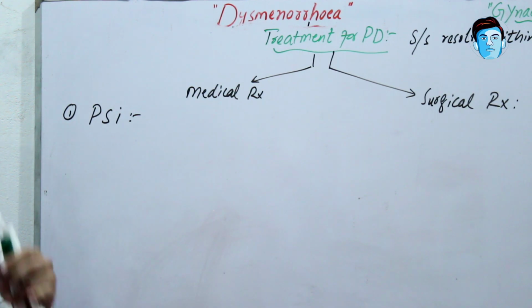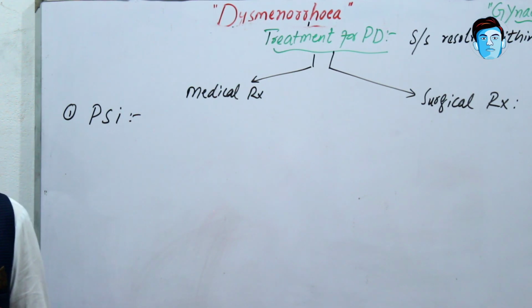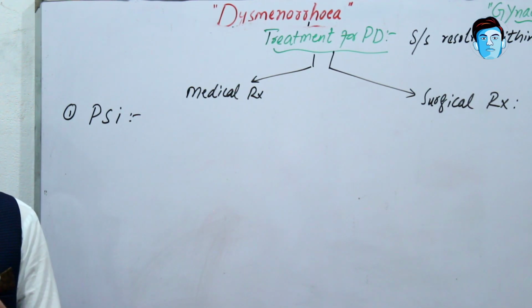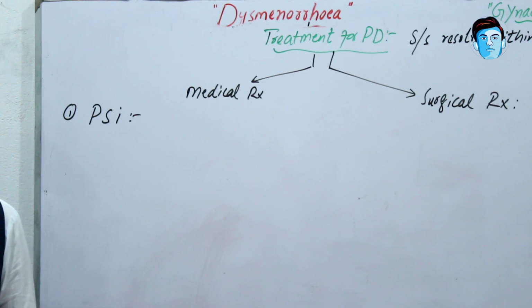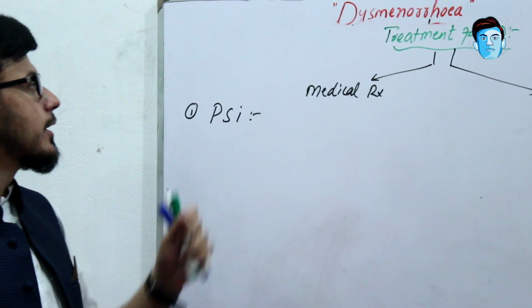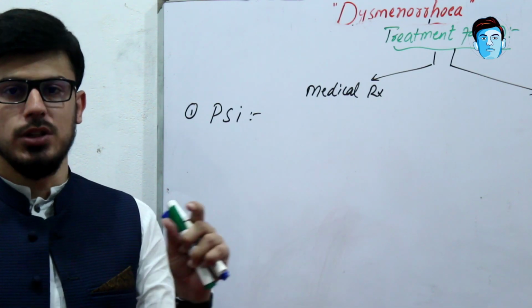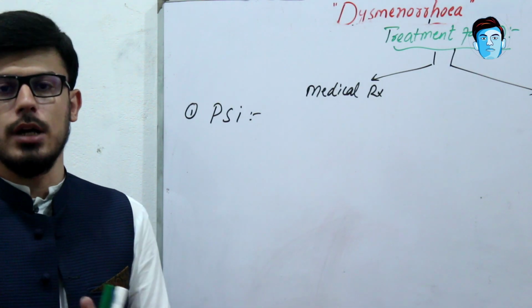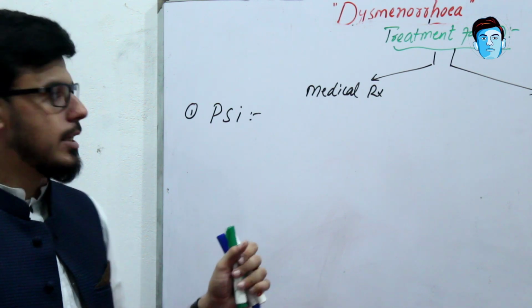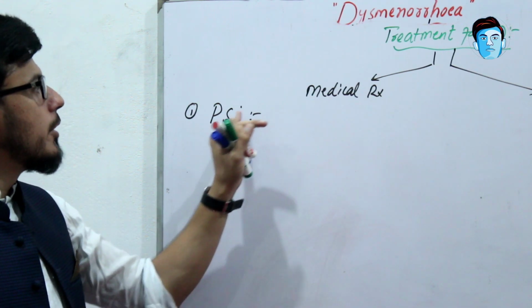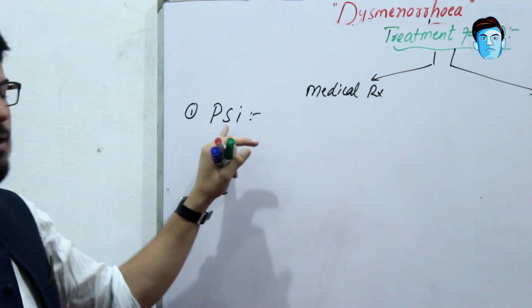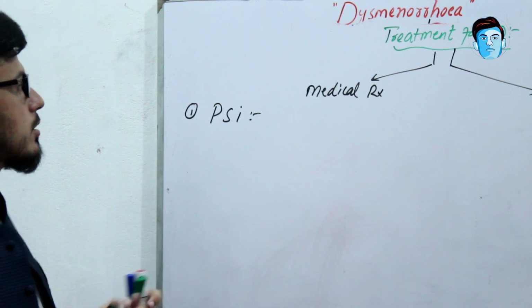Usually they interfere with the prostaglandins, more specifically PGE2 and PGF2 alpha. The prostaglandin synthetase inhibitor interferes with the prostaglandin and decreases prostaglandin synthesis. So the first treatment option is prostaglandin synthetase inhibitors.